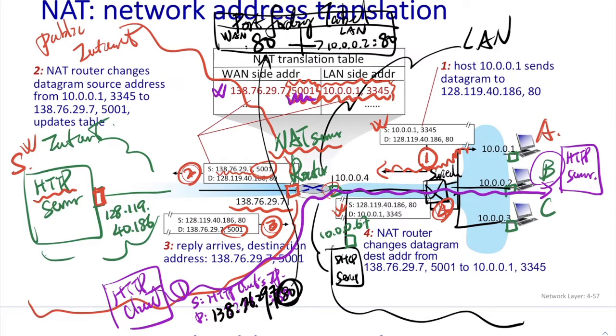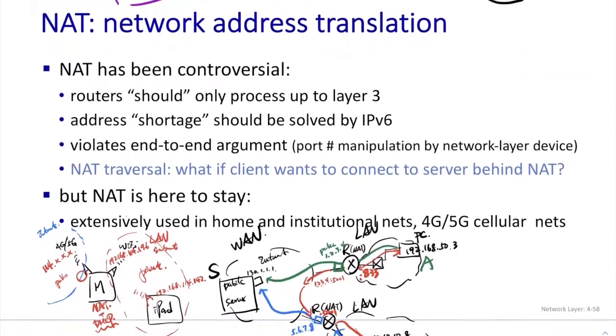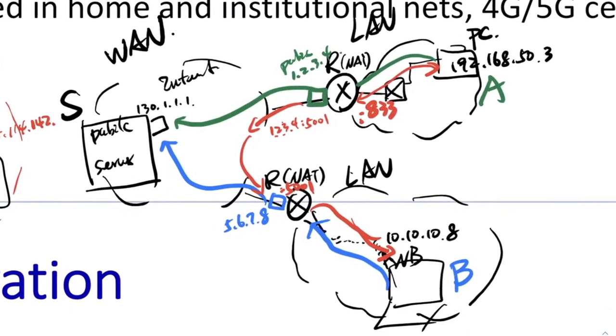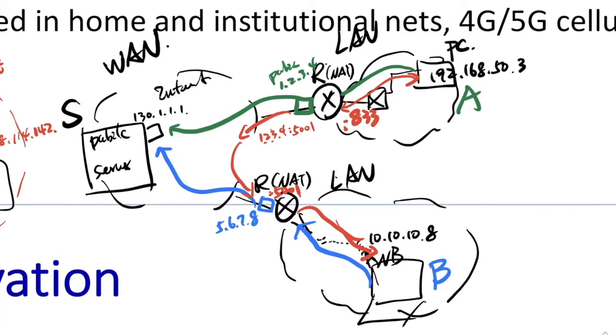Okay, and the next question that I would like to talk about is this figure. At the top right hand side, we have a host A, and it is in a NAT. So we have a private LAN at the right hand side, and it has a router right here, and of course the router has a public IP 1.2.3.4.